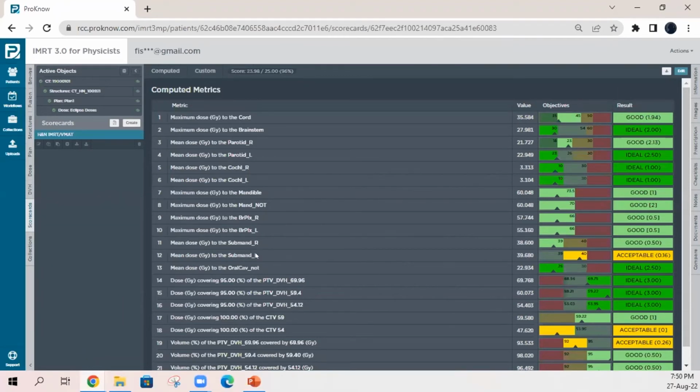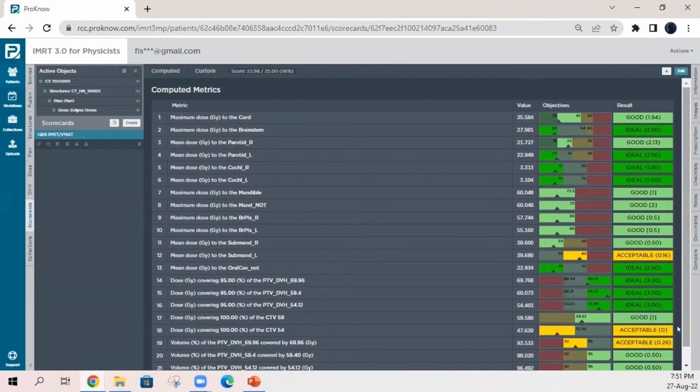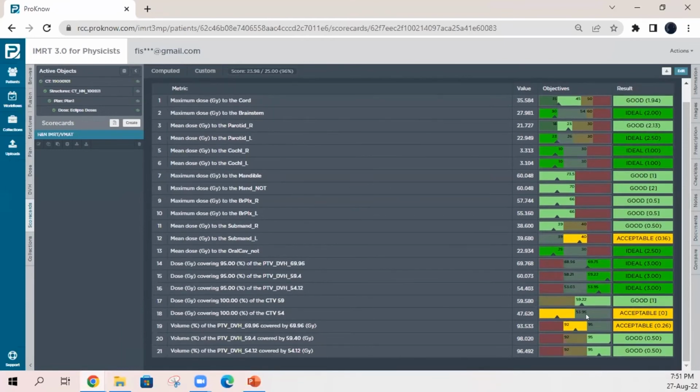If he works well on this, he will achieve the full mark for the submandibular glands. And also the dose coverage for the 100% of the CTV 54 was not really good. He just got acceptable and he got 0. He should get the ideal, which will give him 1 point. So if he got the 1 point here and he got the fractions here, then he will get the full mark, which is 25 out of 25. This is one of the plans being submitted and it really did well.